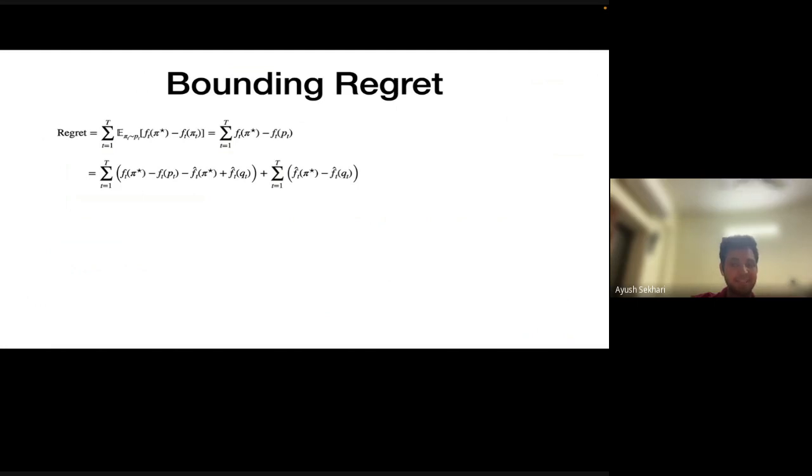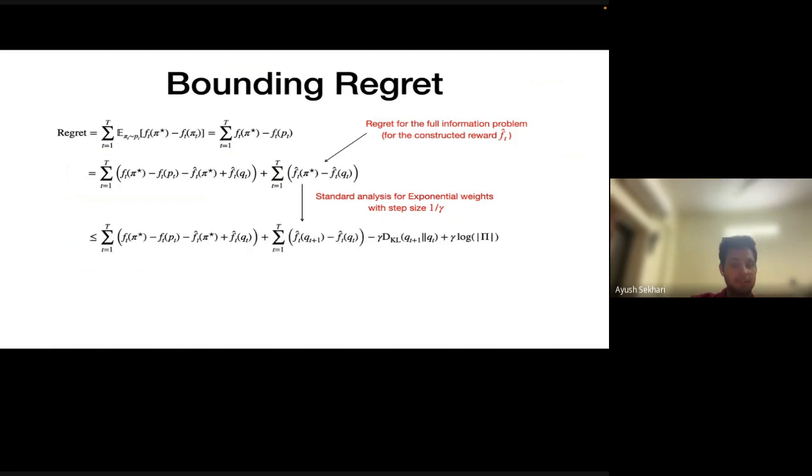Now notice that the second term is precisely the regret for the full information problem, and using the standard analysis for exponential weights, this can be upper bounded as follows. This is a very standard expansion for the regret of exponential weights.